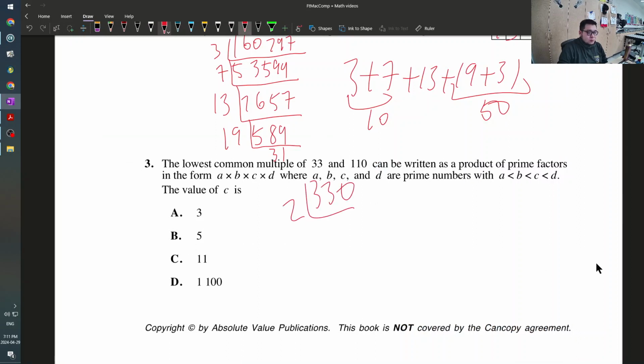Obviously 2, then 165, 3, 55, 5, 11. So 2, 3, 5, 11. So c is 5, which gives B.